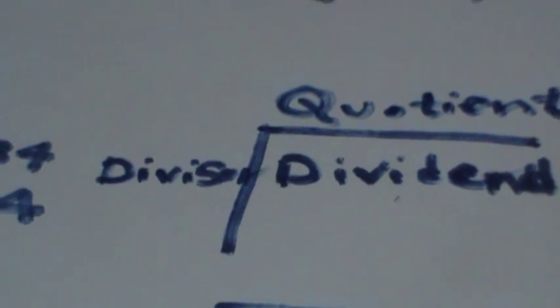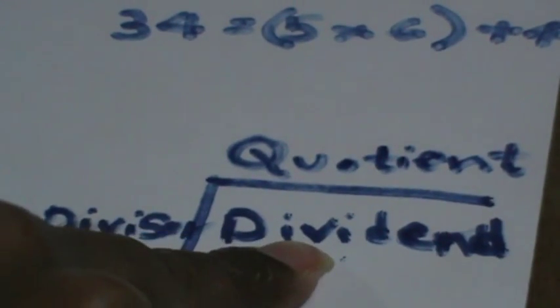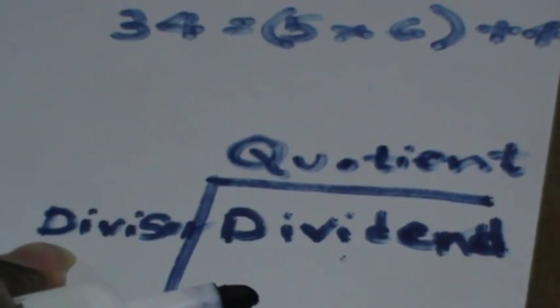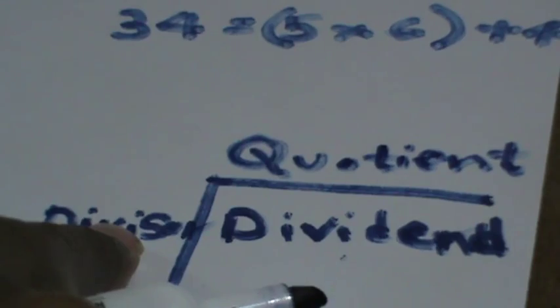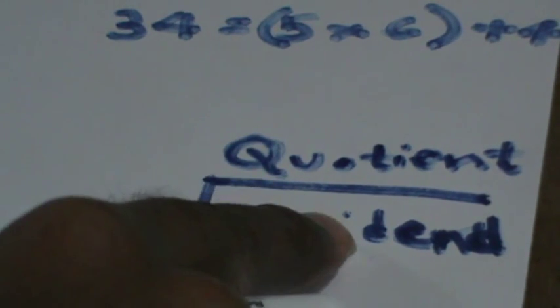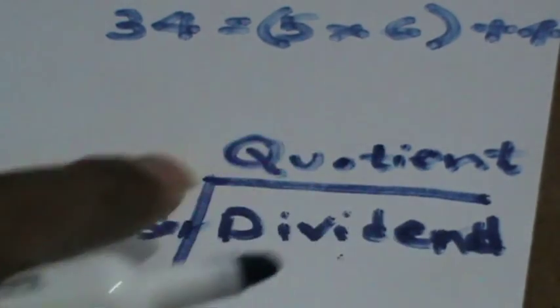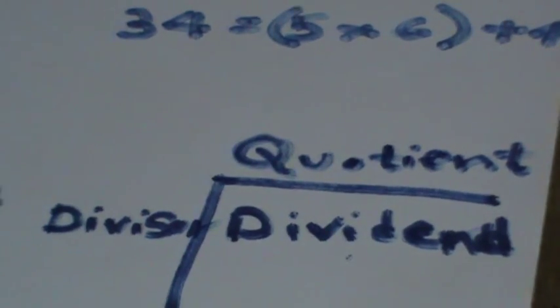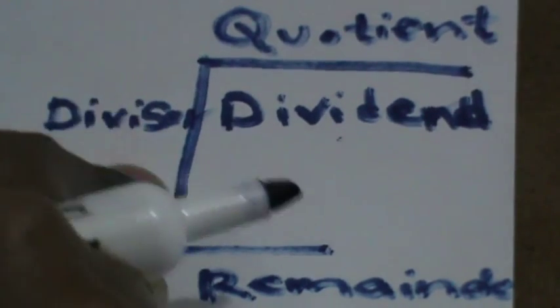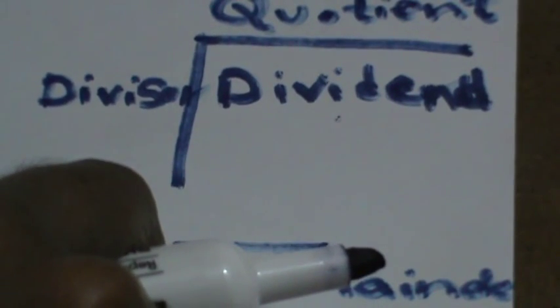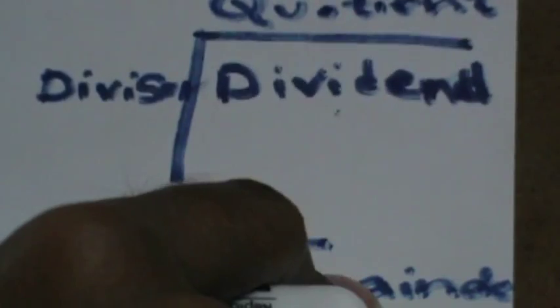So in the case of 34 and 5, 34 is the dividend and 5 is the divisor. When you divide 34 by 5, you get the closest multiple of 5 to 34, which is 6. So 6 is the quotient, and 4, which remains after dividing because 4 cannot be divided by 5 to get a whole number, is the remainder.